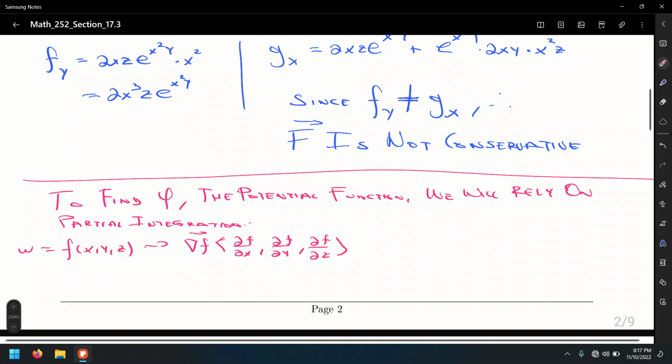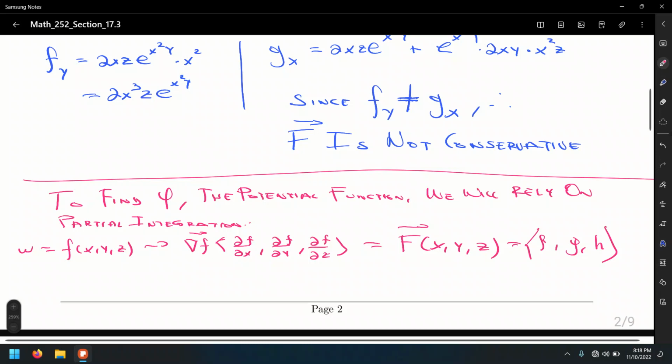So that's going to give us the gradient. And in this case, this is equal to the big F of x, y, z, which is that vector field f, g, h. So that vector field is the gradient of some function.